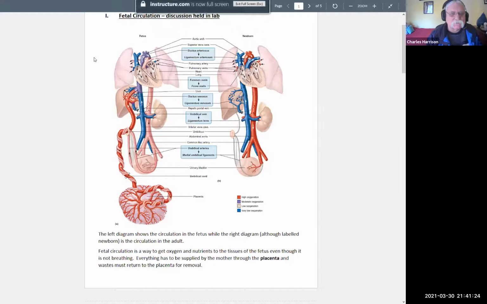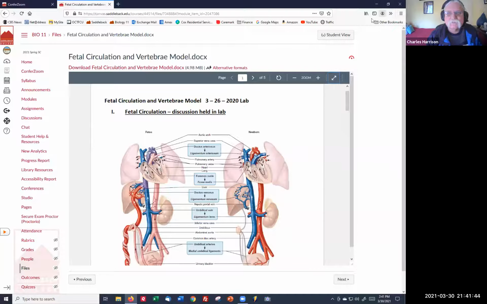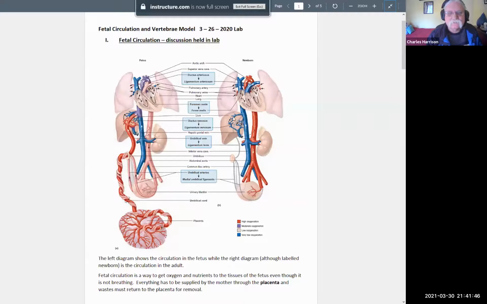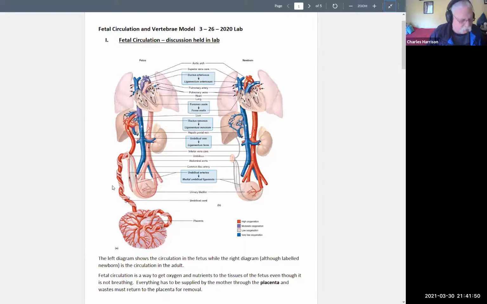Fetal circulation obviously is circulation before birth, and then we contrast it with circulation after birth. On the left-hand side, this is the circulatory system of the fetus.